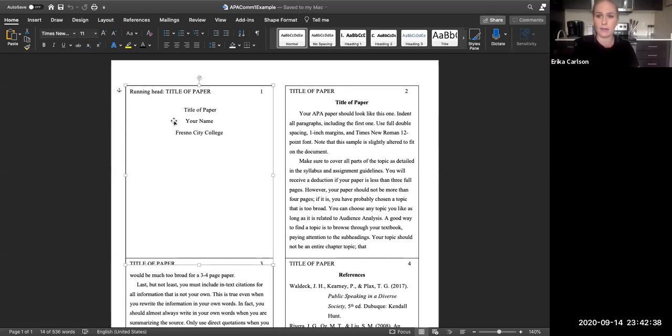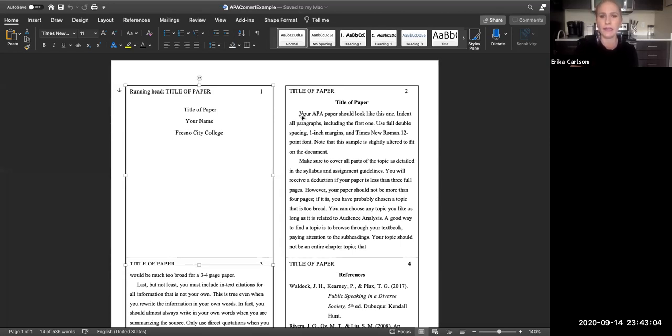The only name that should be on your paper is your name because you are the author. Under that, you are going to include Fresno City College because you are turning this into a Fresno City College class. So that's the cover page. Very simple. Don't overthink it. I would recommend downloading the document provided in Canvas, that sample cover page, and just changing the information to make it pertain to your paper.